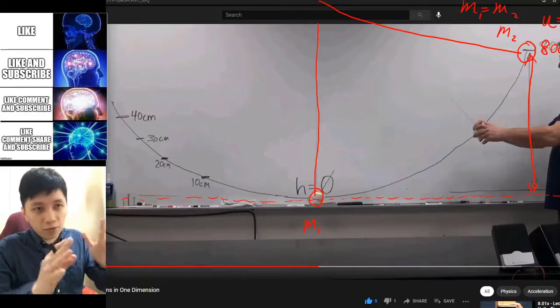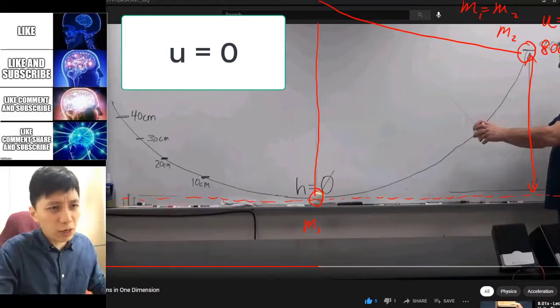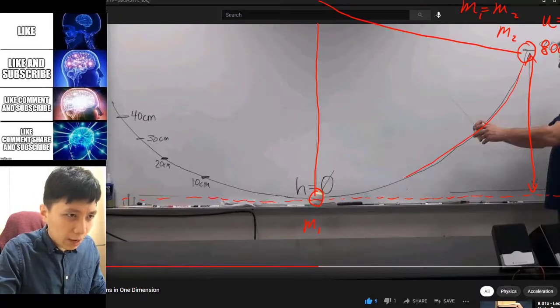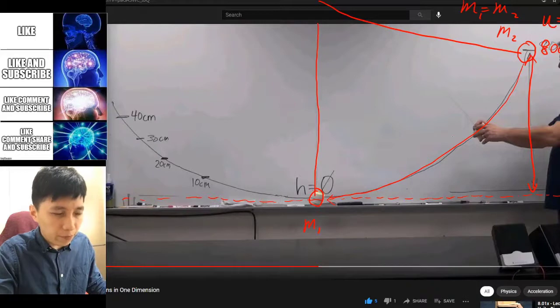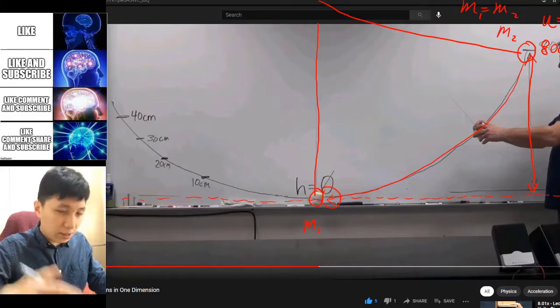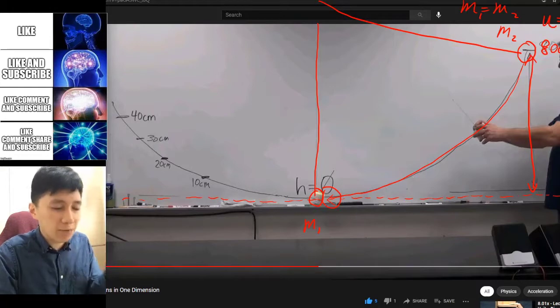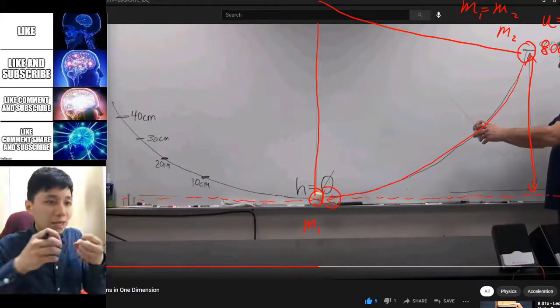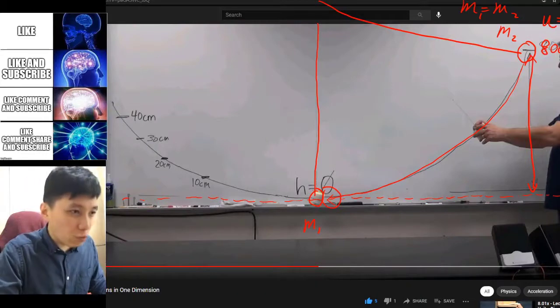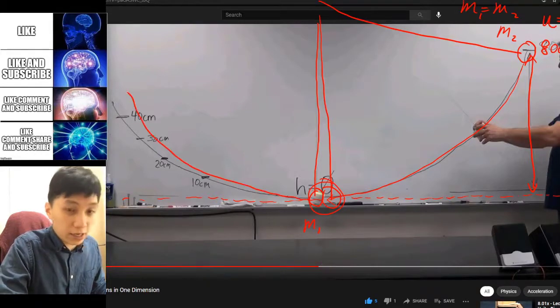We release from rest, and because of gravity, of course, it will swing down, and this is the path, the trajectory that it will go through, and eventually, as you can tell, M2 will hit M1. They will collide with each other, and we actually put some tape on the ball, so they are stuck together, and imagine these two balls will both move together to a certain height.